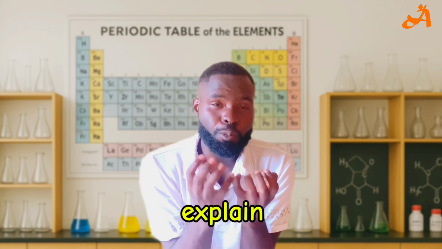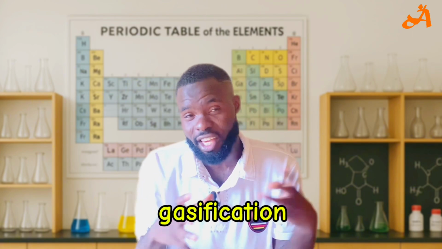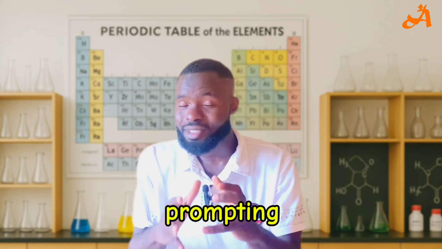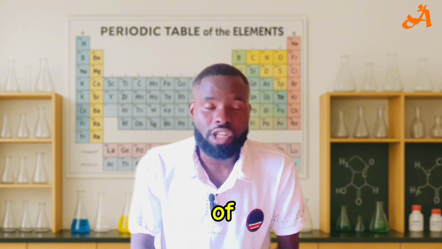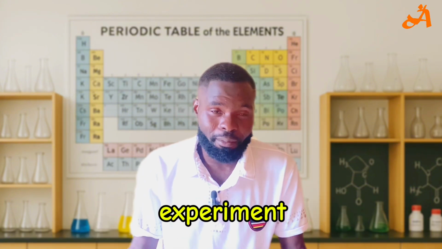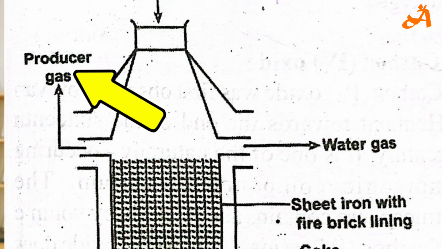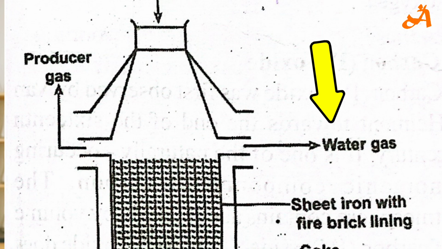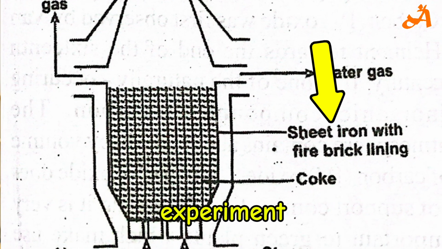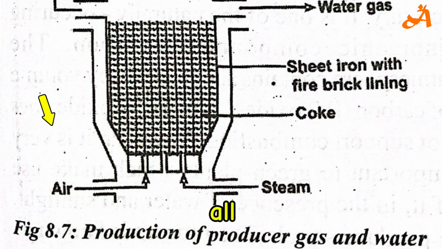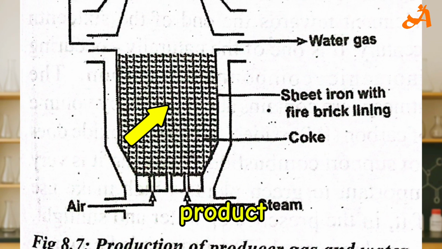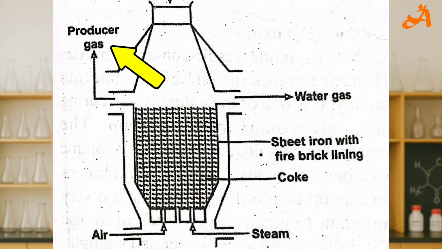Let me quickly explain the concept of gasification of coke before prompting the AI. Gasification of coke is an experiment in which producer and water gas are being made. The experiment is very simple. All that needs to be done is to pass air into red hot coke. If air is passed into red hot coke, the product is going to be producer gas.